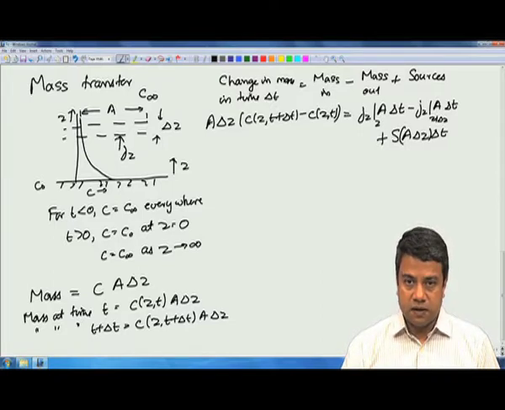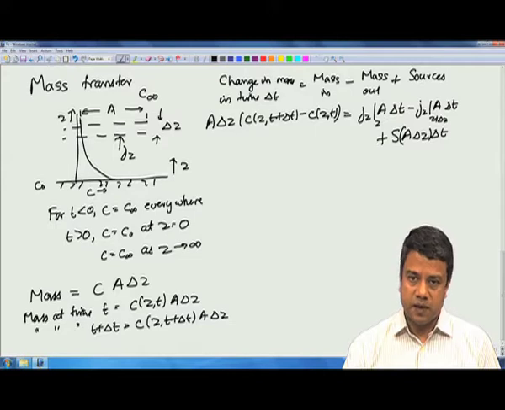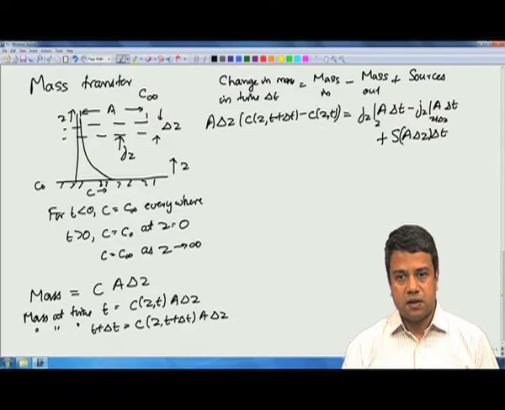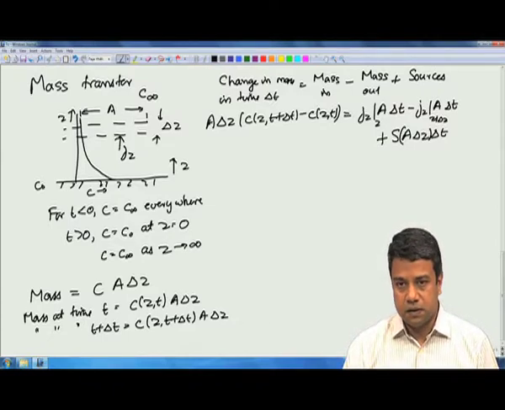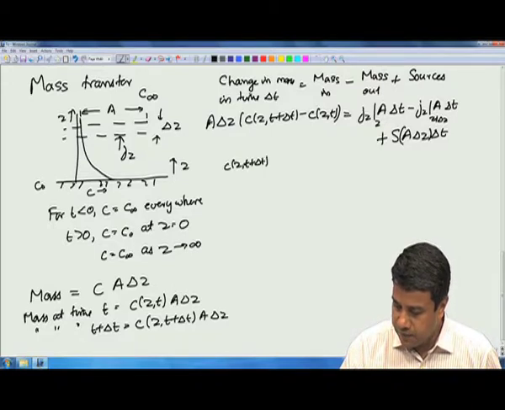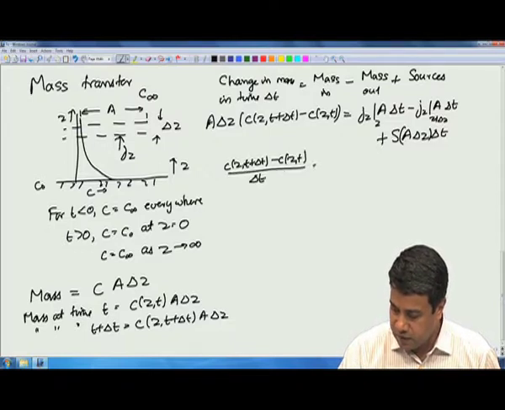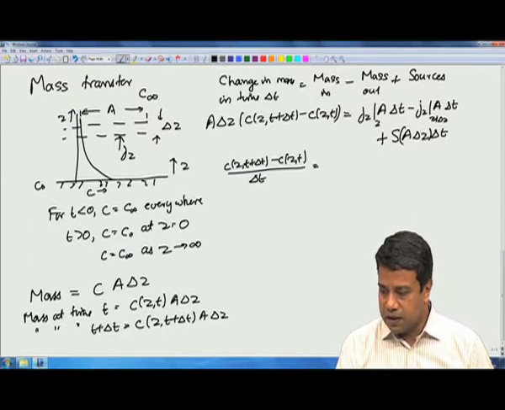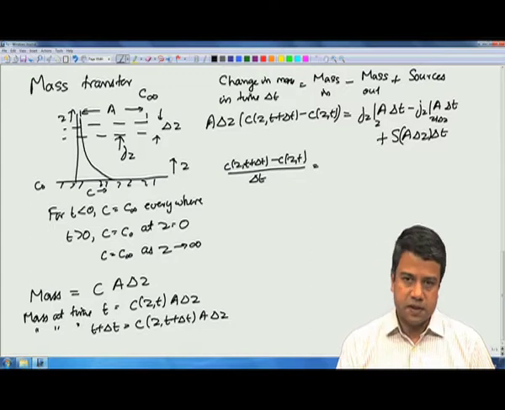Now, to get the differential equation, we divide throughout by the volume and the time interval. So, we have to divide throughout by A delta z delta t, and you will get C at z, t plus delta t minus C at z, t, by delta t, is equal to, now we had j z at z minus j z at z plus delta z.